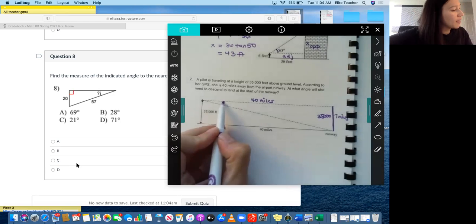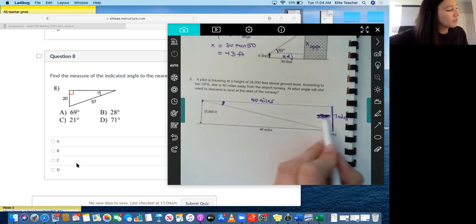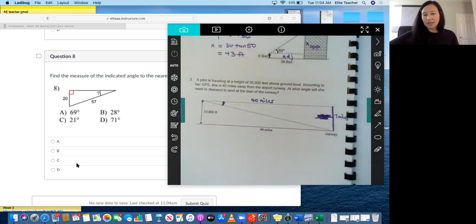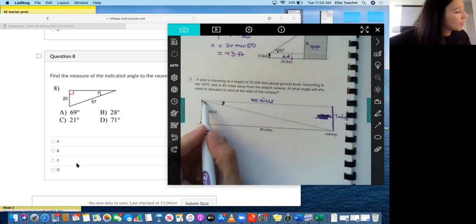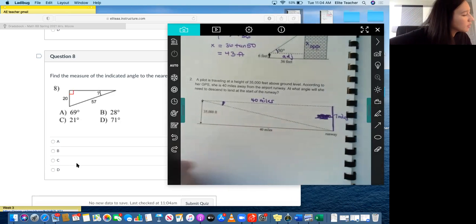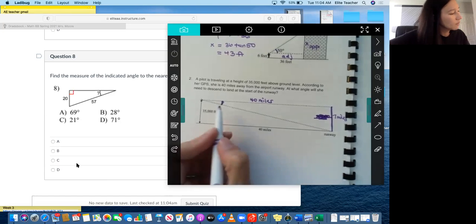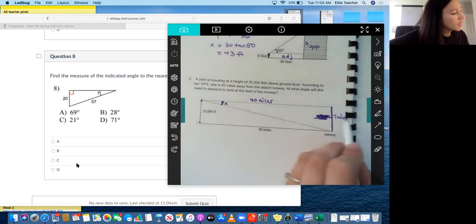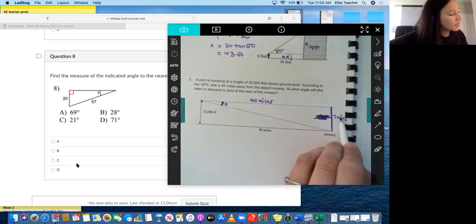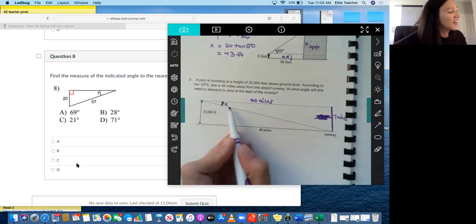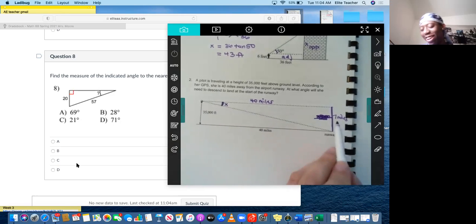So now let's try to find the angle. Instead of using 35,000 feet, we'll say they're 7 miles above the ground and the runway is 40 miles. So we need to figure out this angle. So the 7 miles, that side, which side is that? We gotta nail down these sides.